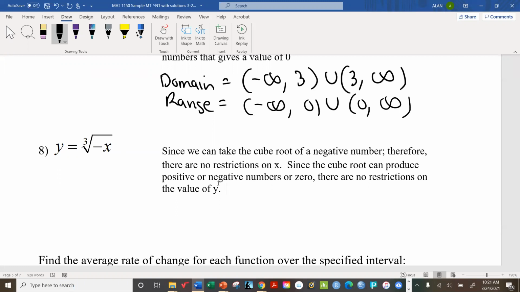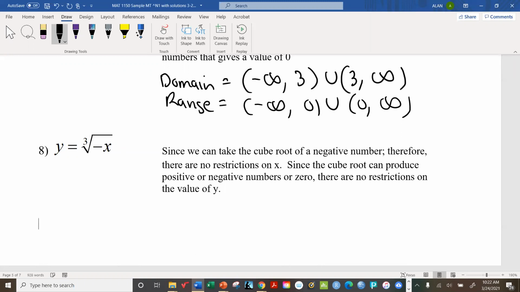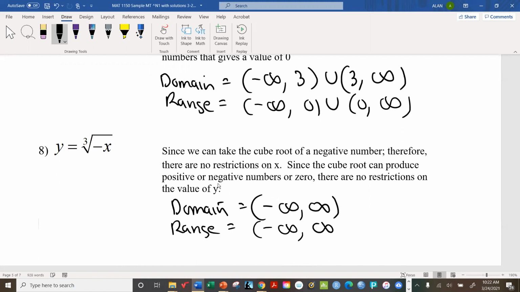All right, so we write it out as the domain is this, and the range is the same thing.